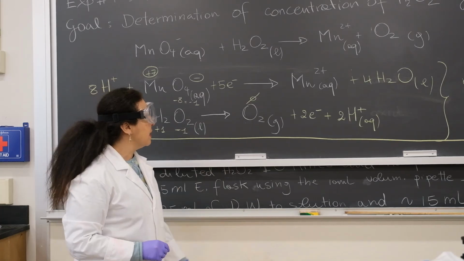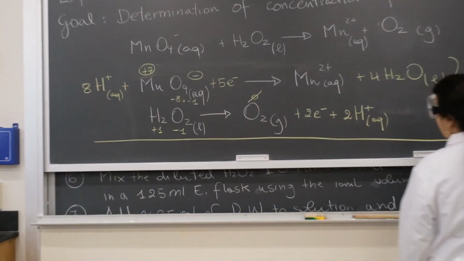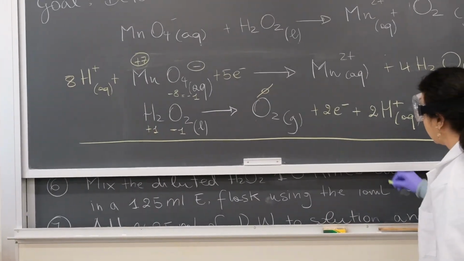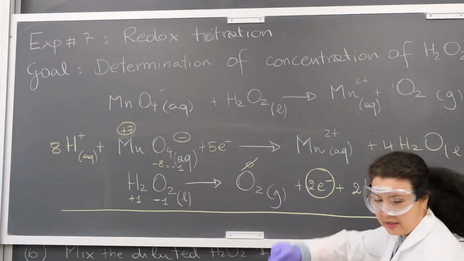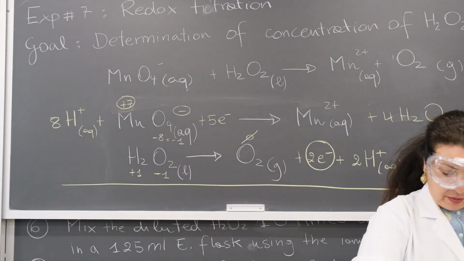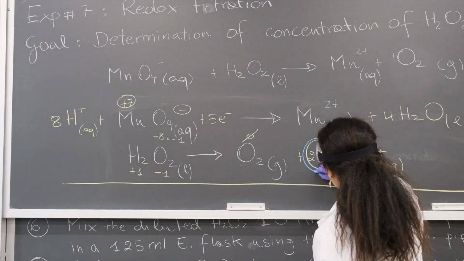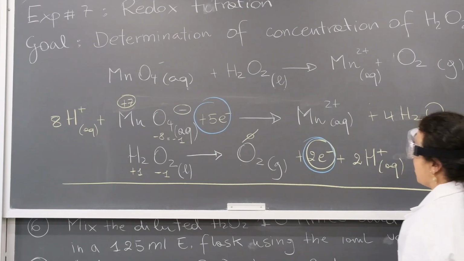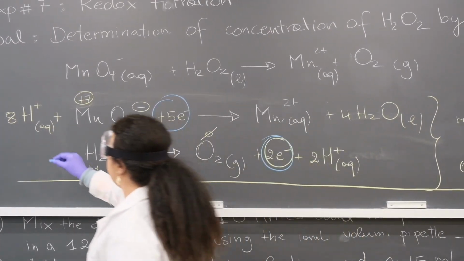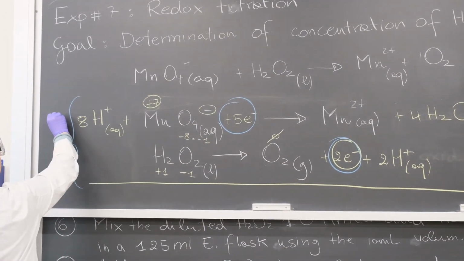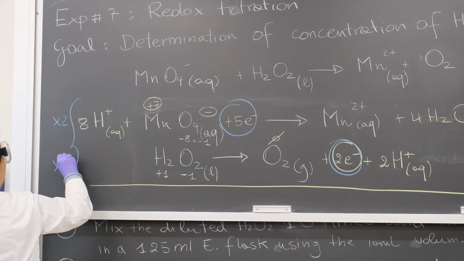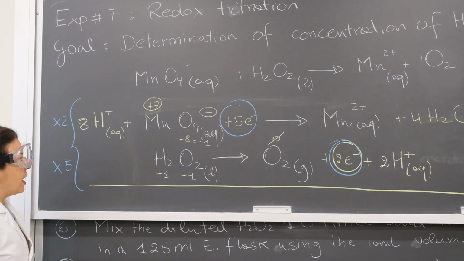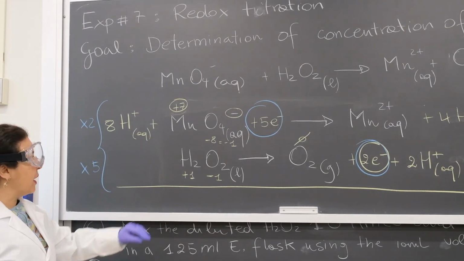So let's balance the number of electrons, and let's multiply. We have 2 electrons here and 5 electrons here. So we multiply this half reaction times 2 and this times 5. And then we add the 2 reactions.